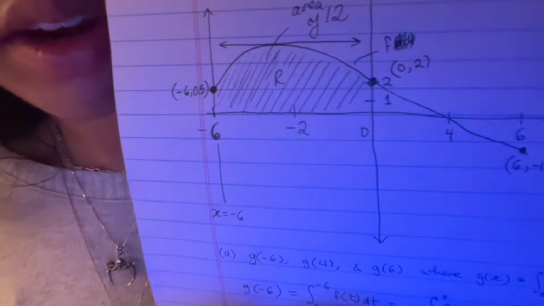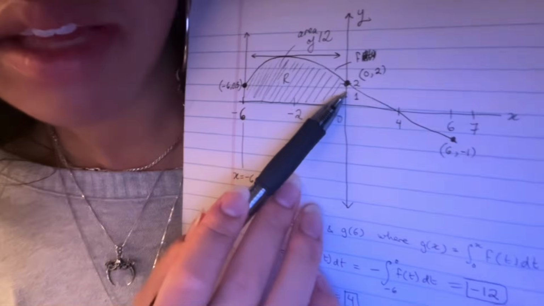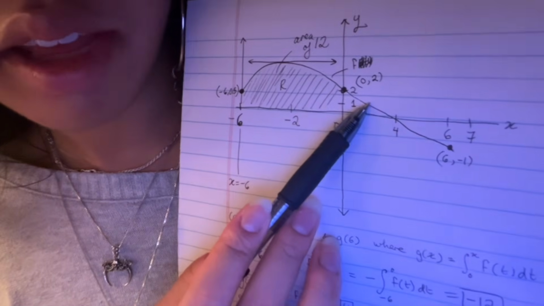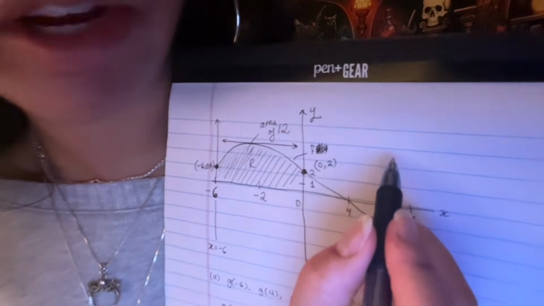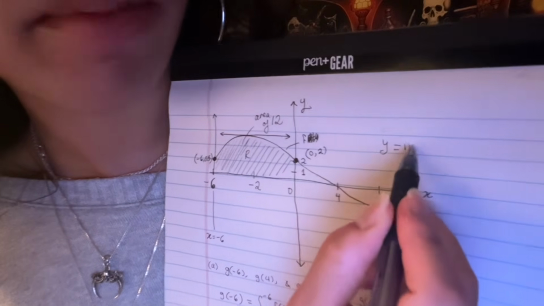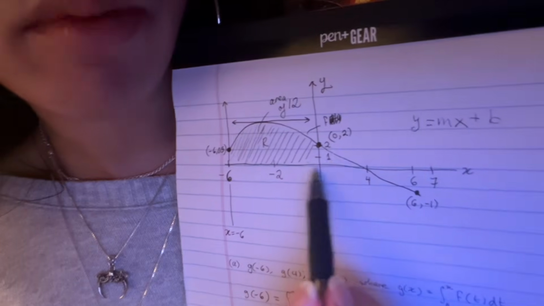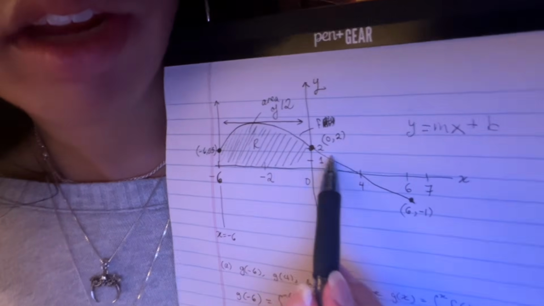Another way you could do this, which is actually the same way but with extra steps, is to find the actual equation of this line. So it'll be something of the form y equals mx plus b. We have the y-intercept, and we can also find the slope.